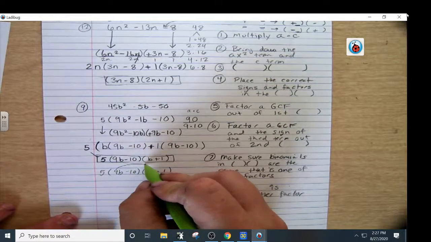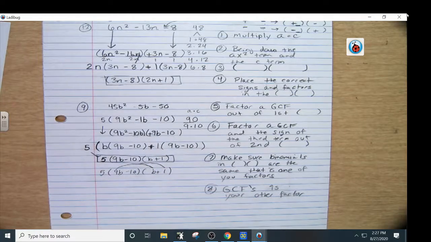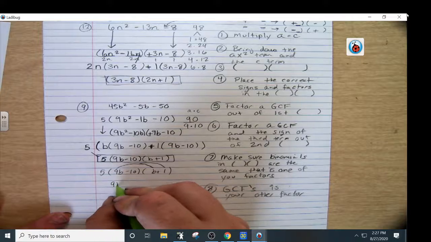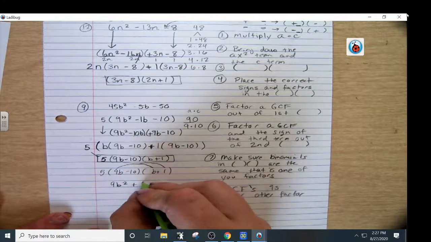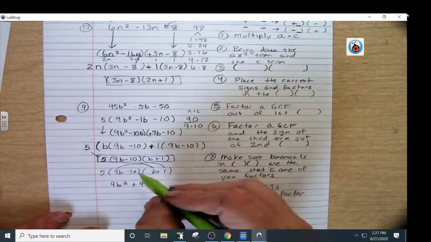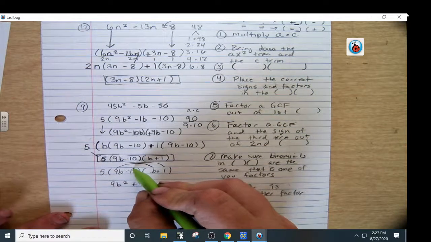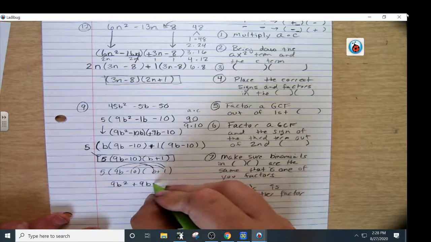All right, so I'm going to distribute the first term to both of those first. That's going to be 9b squared. 9b times 1 is 9b. Now I'm done with that first term. Now what I'm going to do is go to my second term and distribute it to both terms.